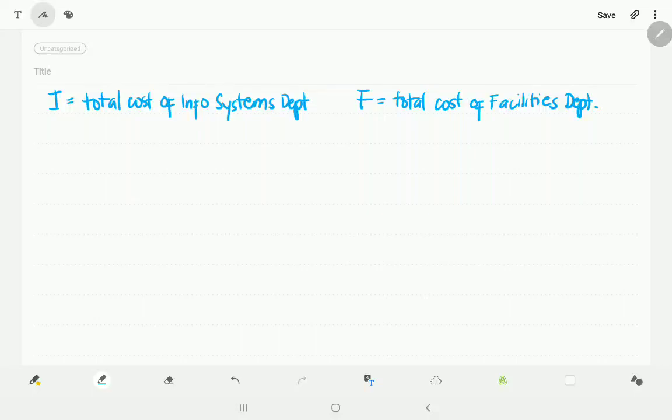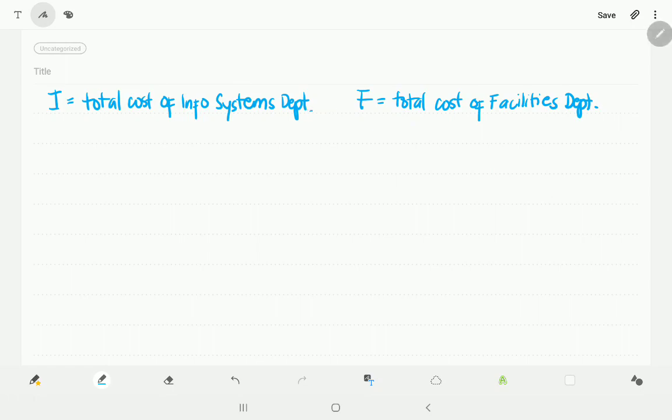Okay, so we will continue answering problem 7-39, Data Performance Company, using the reciprocal or the algebraic method. Just like what we did in the previous problem, we will prepare an equation for the total cost of the information systems department.